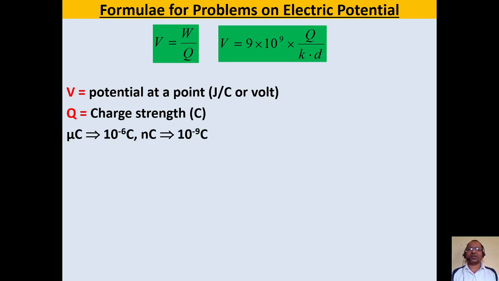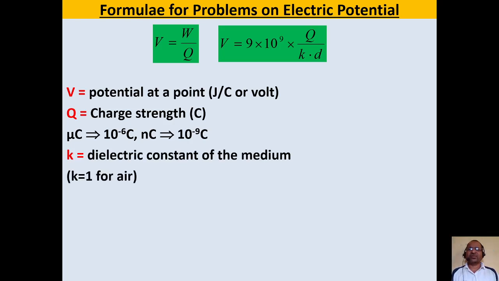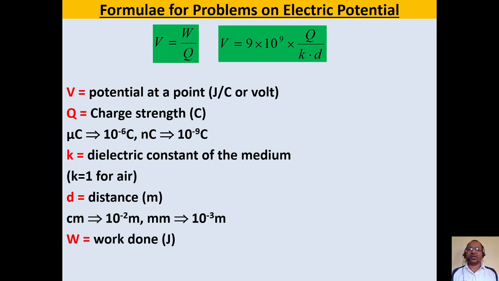For nano coulomb, multiply by 10 raised to minus 9. K is the dielectric constant of the medium. If it is not given, write its value as 1 for air medium. d is distance in meter. If it is in centimeter, multiply by 10 raised to minus 2. If it is in millimeter, multiply by 10 raised to minus 3. Capital W is work done in joule.